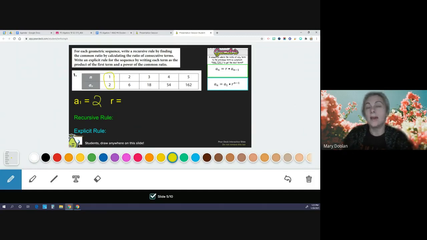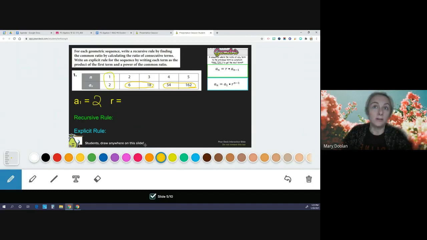Okay, and now the common ratio. So I can pick any two consecutive numbers. I could pick these two and divide 162 by 54. It's a little tough to do, right? I already know it's a geometric sequence because it tells me so, so I'm not trying to figure out if it is one. I could divide these numbers.